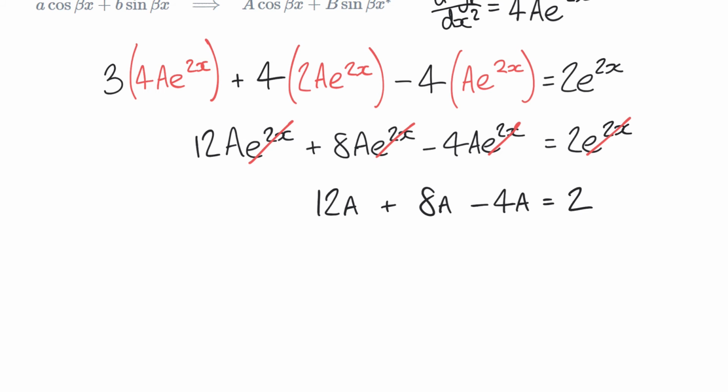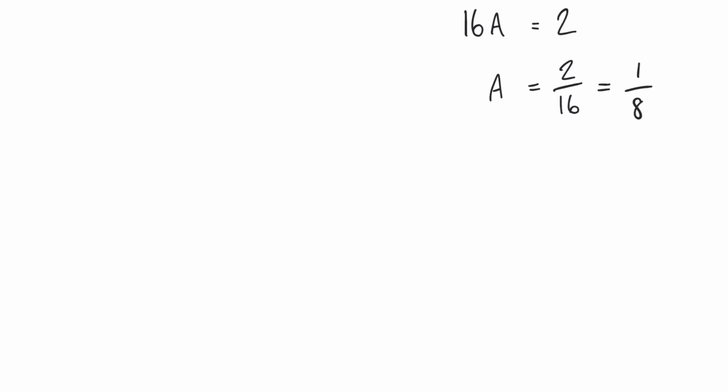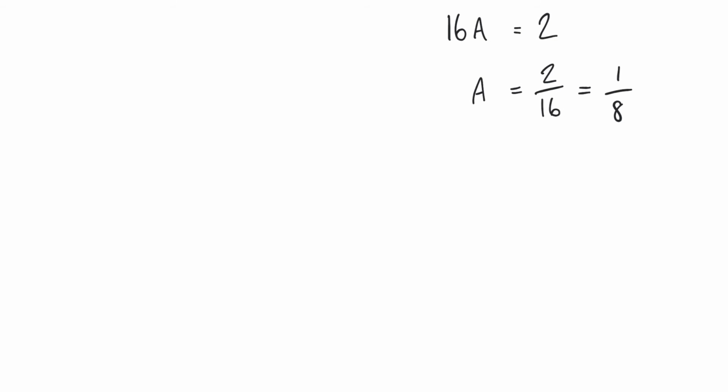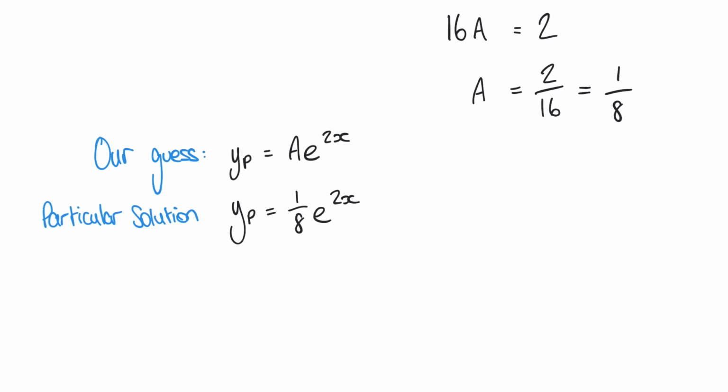And so we're simply left with 16a equals 2. And that means that a is equal to 2 over 16 or 1 over 8. So now our particular solution takes the form of something like this. Rather than e to the 2x, we now have 1 over 8 e to the 2x, or it could be e to the 2x over 8.